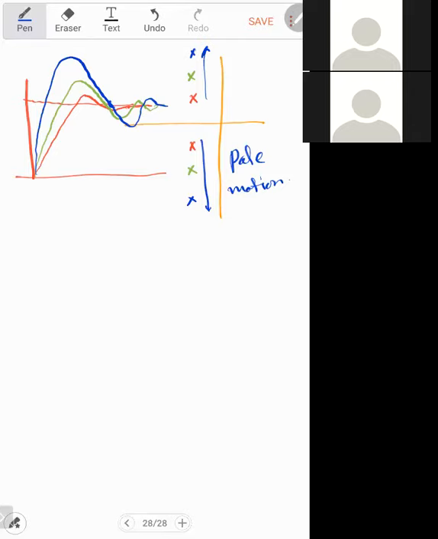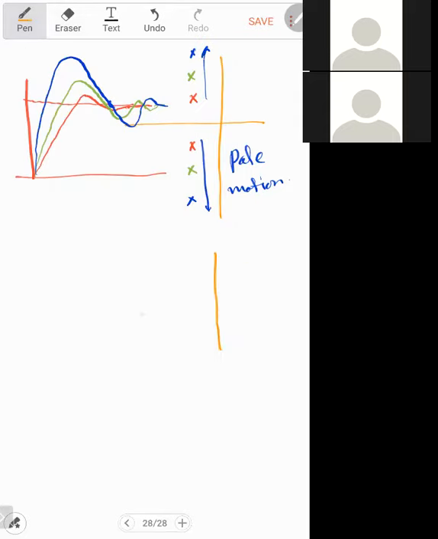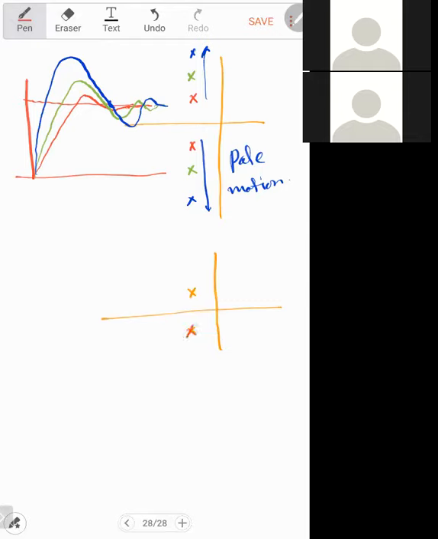The second thing is what will happen if the poles move along the horizontal axis. Same plot. Let's say these are the poles. In this case, we have the unit step response over here, the final response.